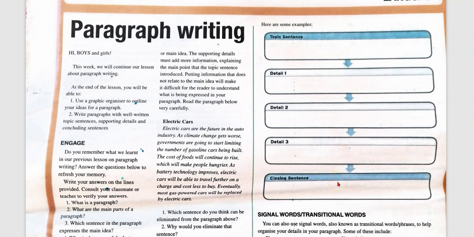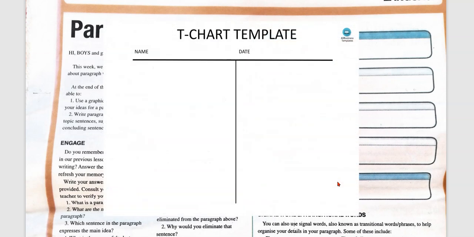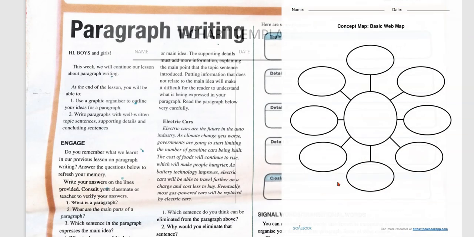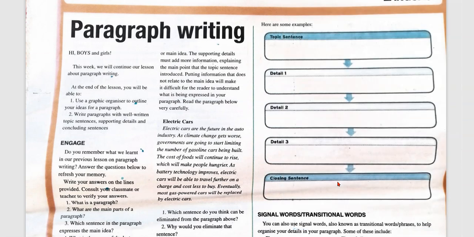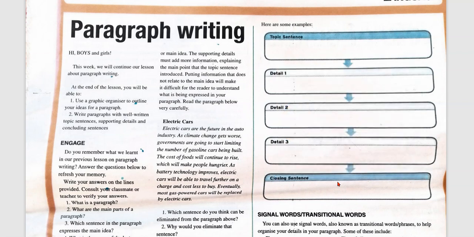Other graphic organizers that come to mind include the T-chart, the concept web, and one that looks like a fish, with the head and then the little bones that go up and down. Those help you to see, if you're doing cause and effect, that one with the fish bone or herring bone.